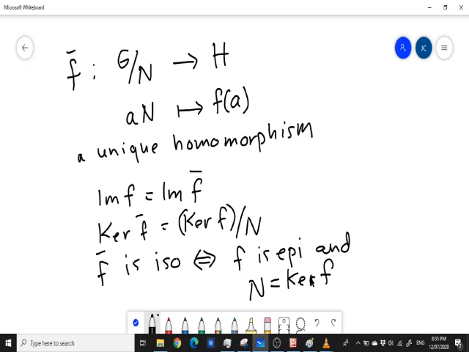So let's start with f bar being uniqueness and being homomorphism. So let's start.